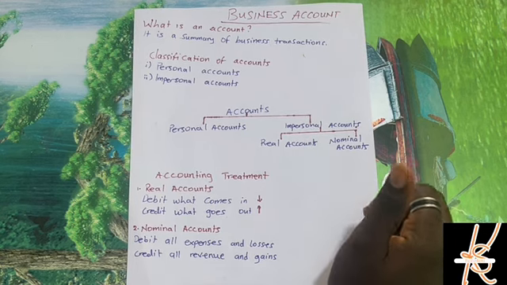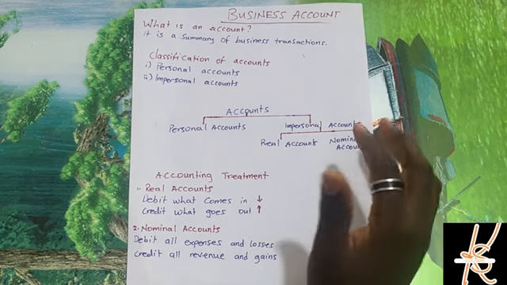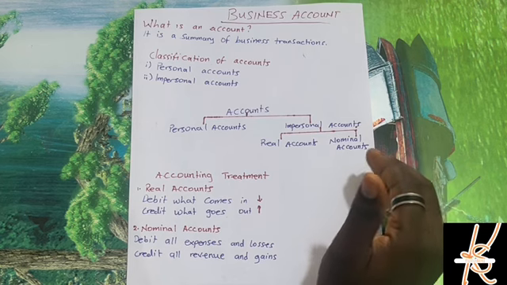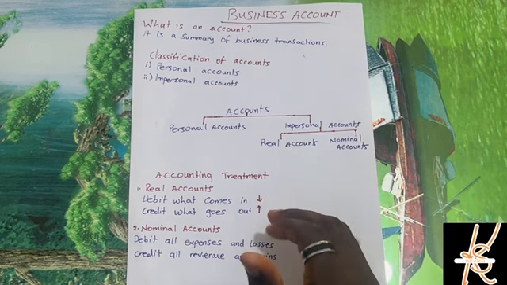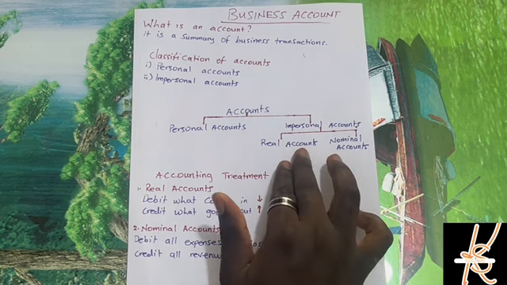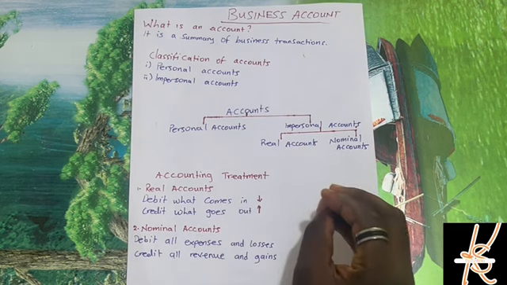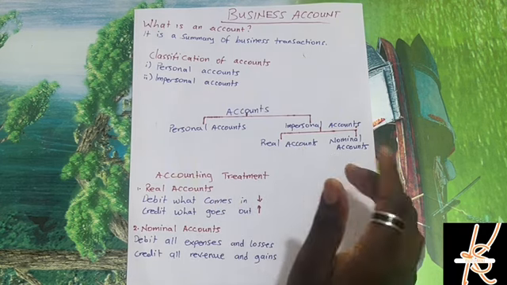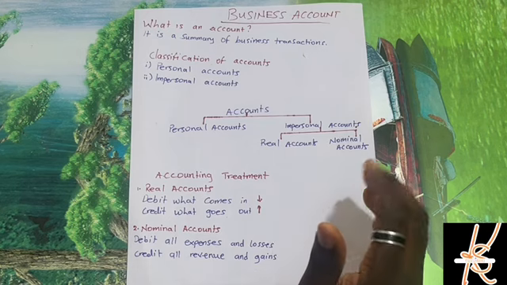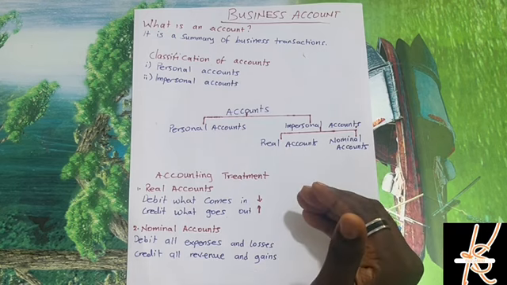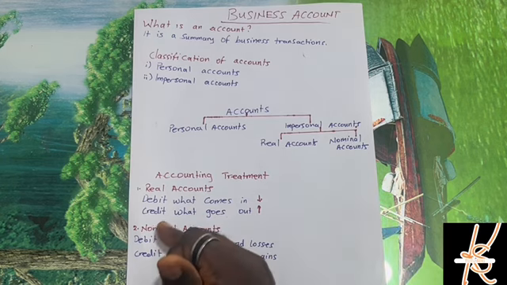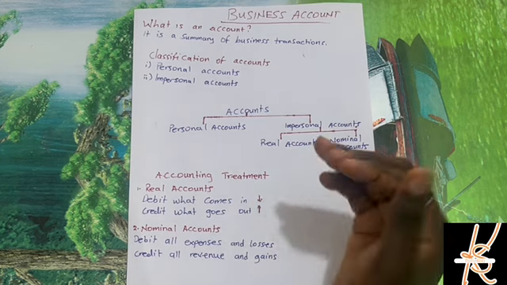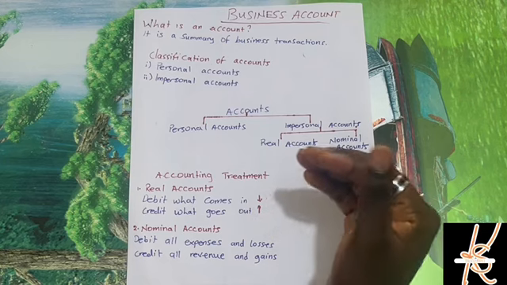So now we come to the accounting treatment of the accounts. Let's see, we have the real account, that is the assets. For the assets, whatever comes in, we debit it. So when we are receiving money, we will debit it.